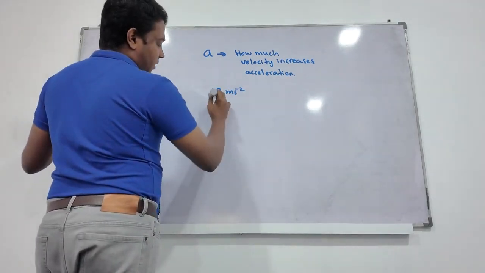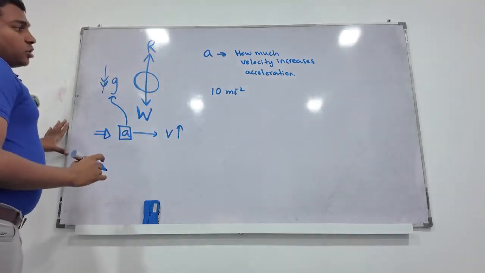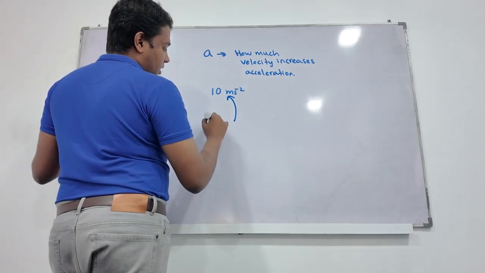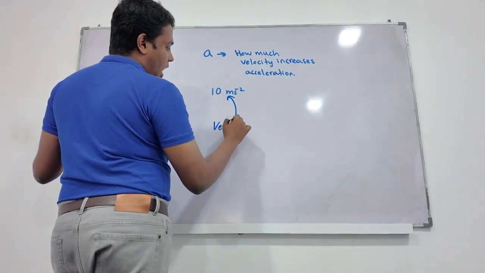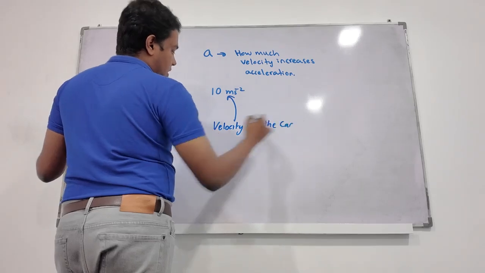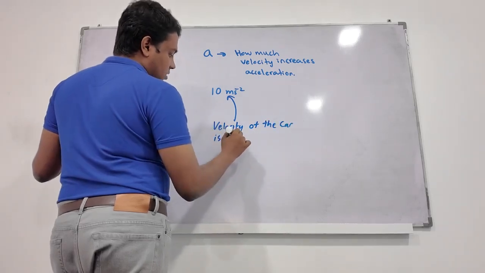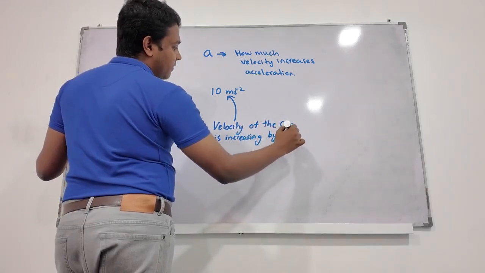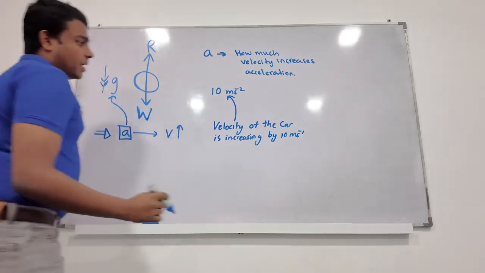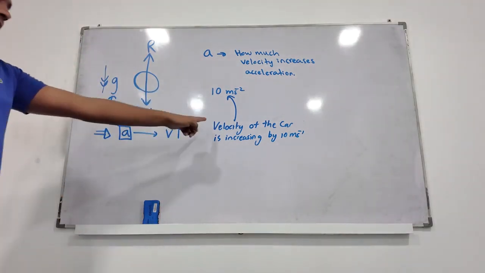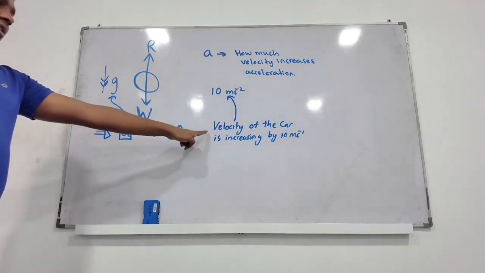It is traveling with an acceleration of 10 meters per square second. What does that mean? That means the velocity of the car is increasing by 10 meters per second every second. People think they know this when they talk about acceleration, but when I actually ask what the definition is, they never say this.